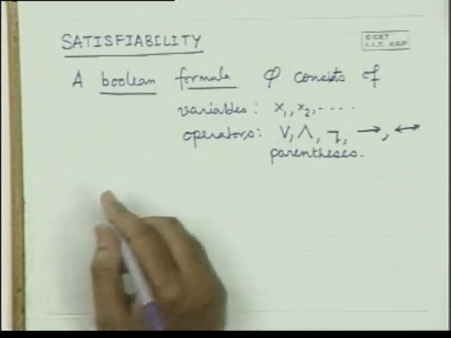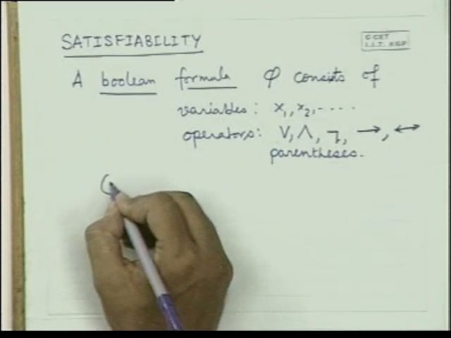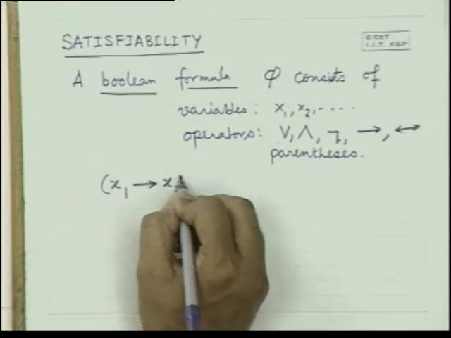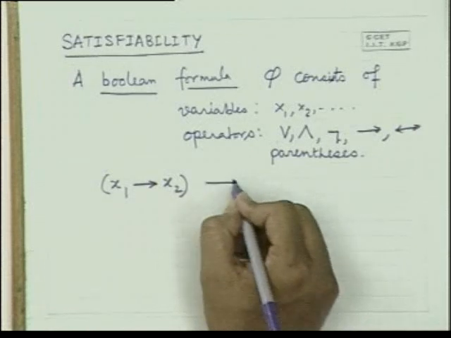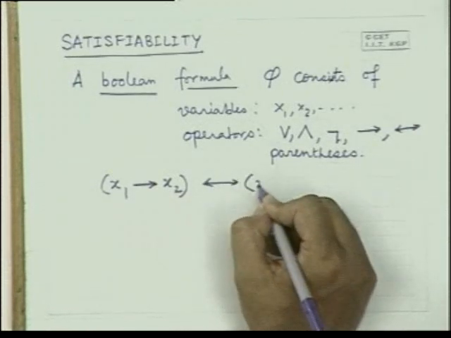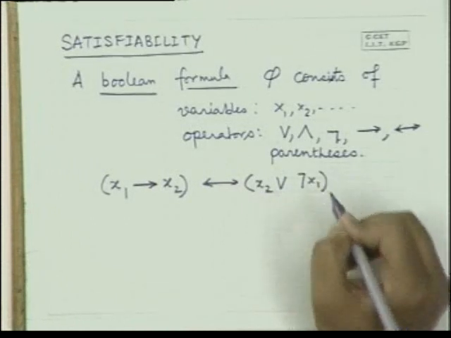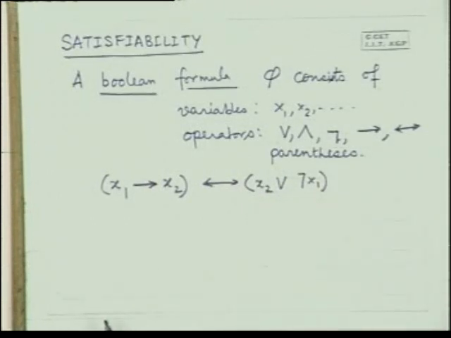Let me take a Boolean formula first, then I'll tell you. Here is a Boolean formula: x1 implies x2 if and only if x2 or not x1. This is a Boolean formula.